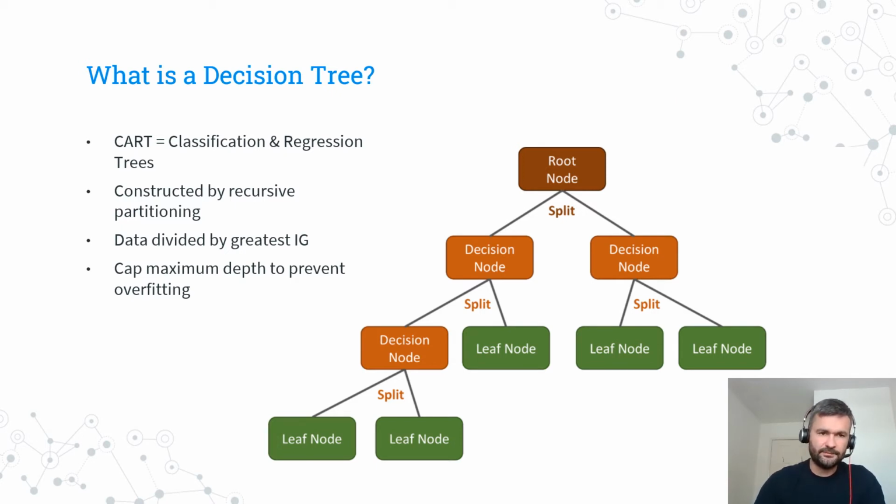Starting at the root, the splitting technique is then repeated at every child node in an iterative manner until the leaves are pure, or the samples at each node all belong to the same class. In actuality, this may produce a deep tree with several output nodes or leaf nodes, which is easily conducive to overfitting. So as a result, we normally seek to prune the tree by establishing a cap on its maximum depth.